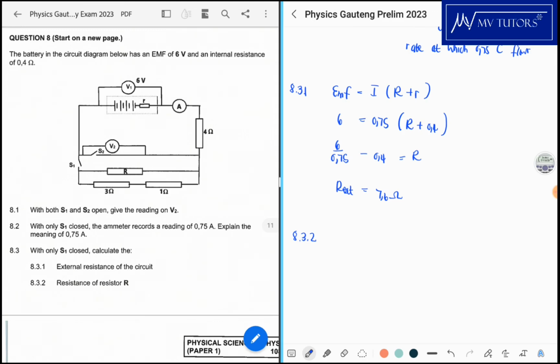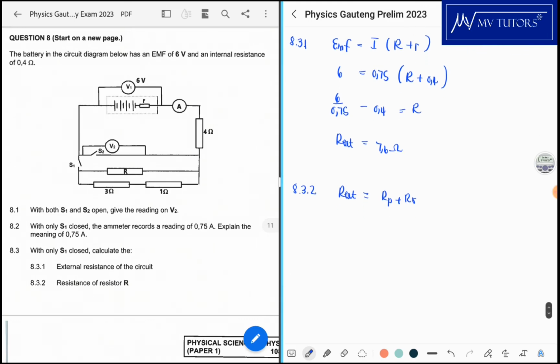Now with only S1 closed, calculate the resistance of resistor R. We have already calculated the external resistance, right? So now we know that the external resistance is equal to the resistors in series and the resistors in parallel. Let's see which resistors are in series.